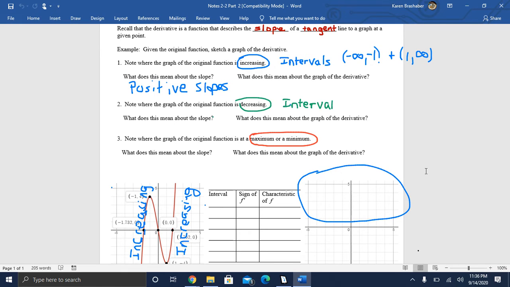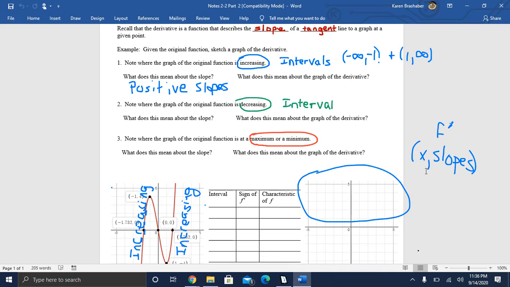Remember, your x's are from the intervals. So when we talk about positive values, we're talking about positive y values, because your ordered pairs are going to be made up of x's from the interval and then whatever the slopes are of your tangent line. That's what your f prime ordered pairs are going to be made of.